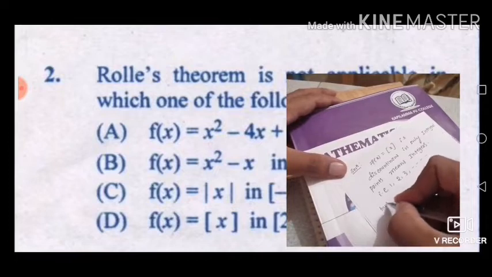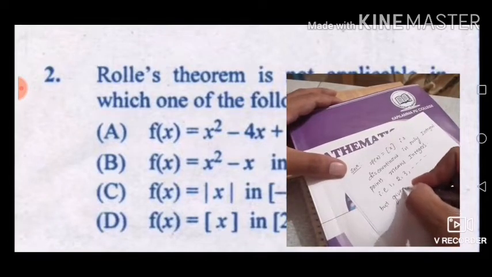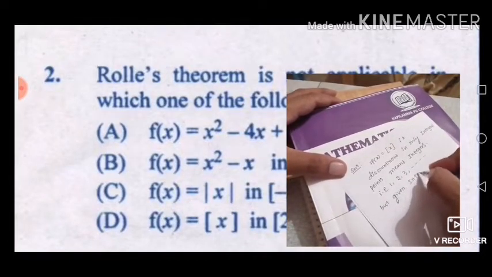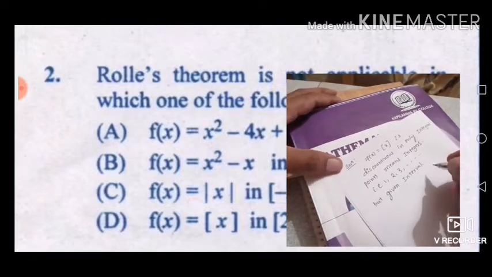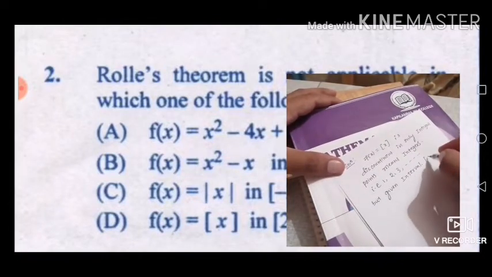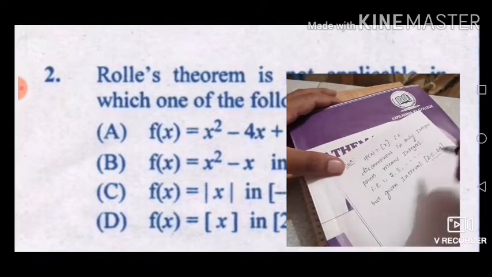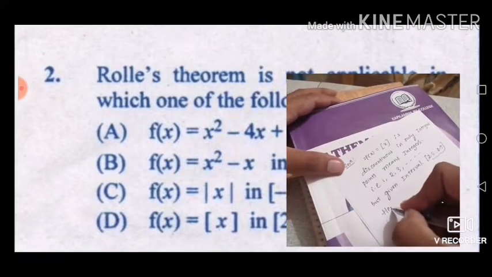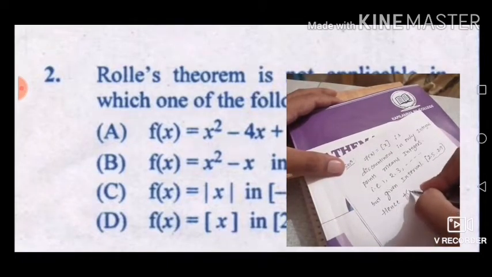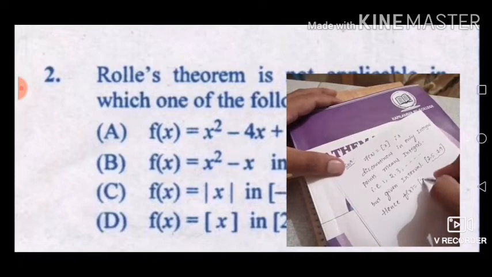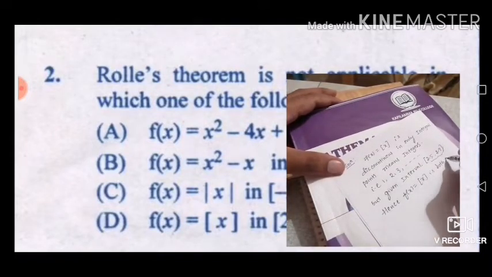But the given interval is 2.5 to 2.7, which means there are no integers possible here. Hence f of x equal to the greatest integer of x is both continuous and differentiable.